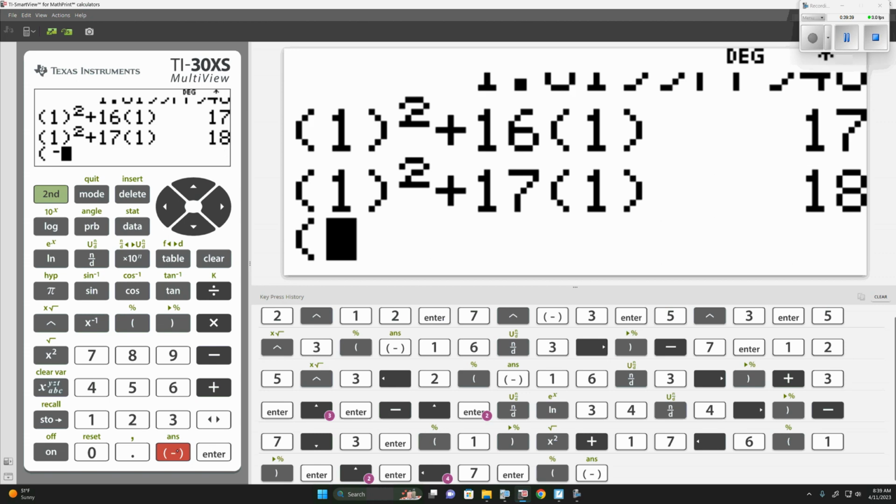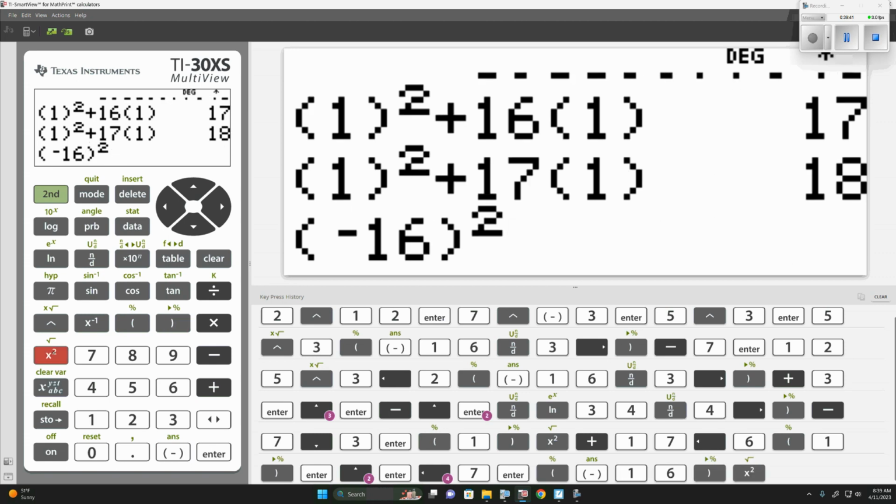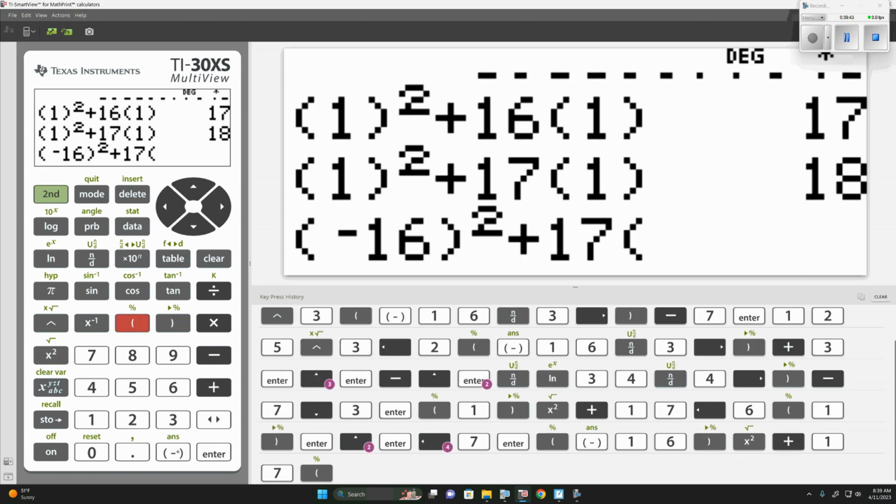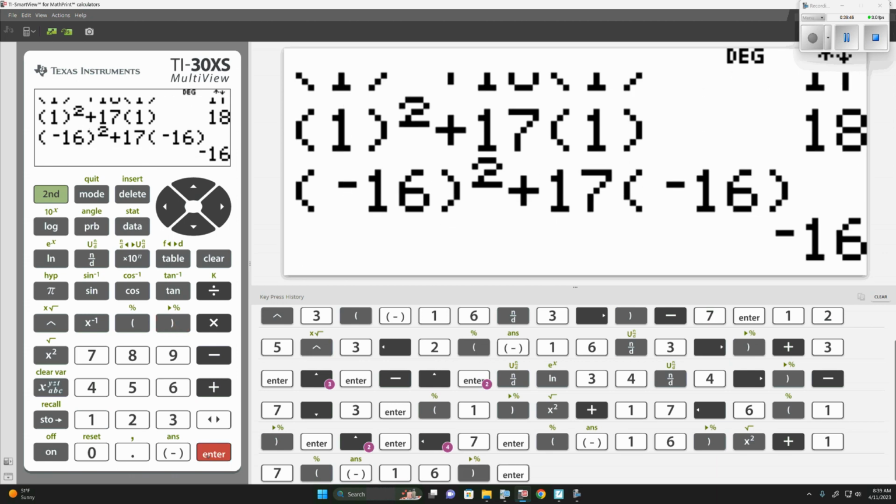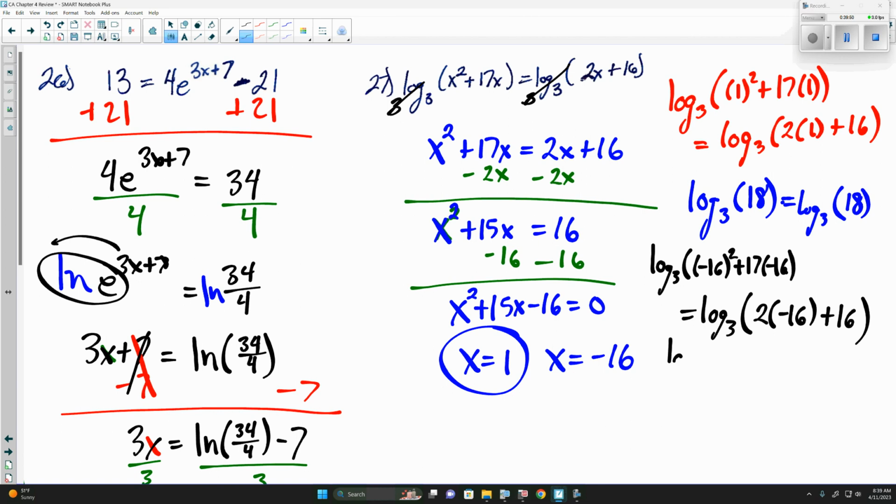So parentheses, negative 16 squared plus 17 times negative 16 is negative 16. So we have log base 3 of negative 16.